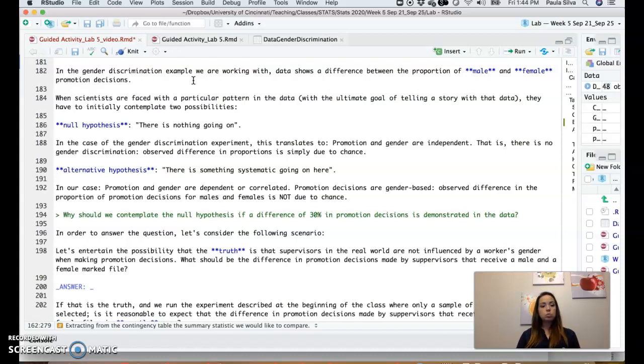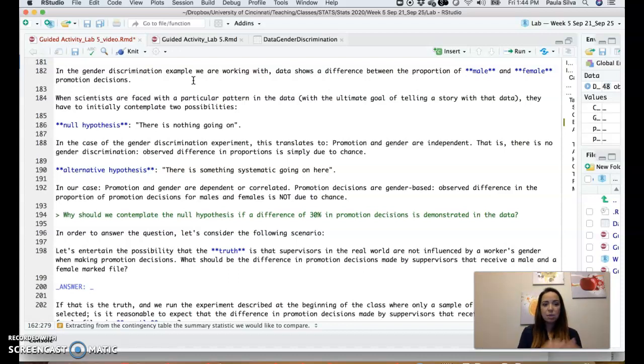The null hypothesis, which says nothing is going on. In this case, this translates to promotion and gender are completely independent. They're not related things. That is, there is no gender discrimination. The observed difference in proportions of 30% is simply due to chance. And then we have the alternative hypothesis, which is, in a very general sense, there is something systematic going on here that is creating that pattern that I'm seeing.